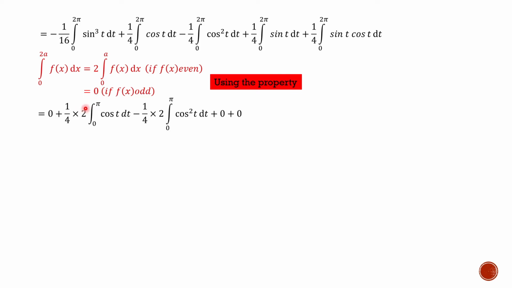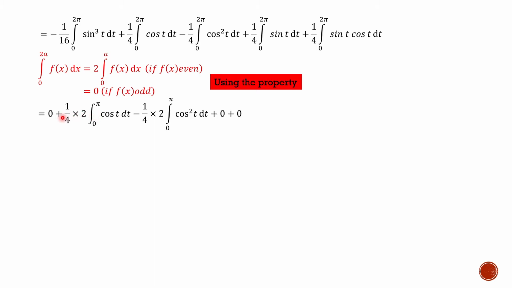So sine is an odd function, so we get 0, plus 1/4 times 2, because cos is an even function, so times 2 integral from 0 to π. We put the 2 in front of the integral.